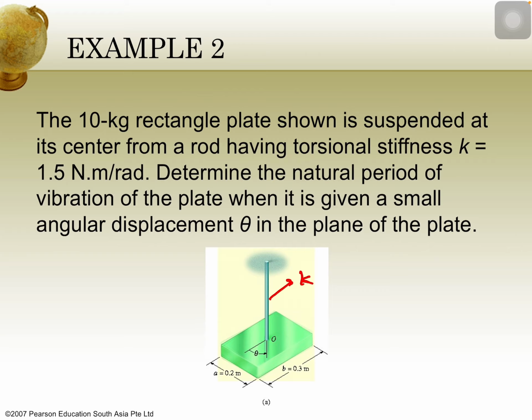So this rod has torsional stiffness 1.5 Newton meter per radian. Determine the... Okay, so Newton meter is this one. This one is torque.